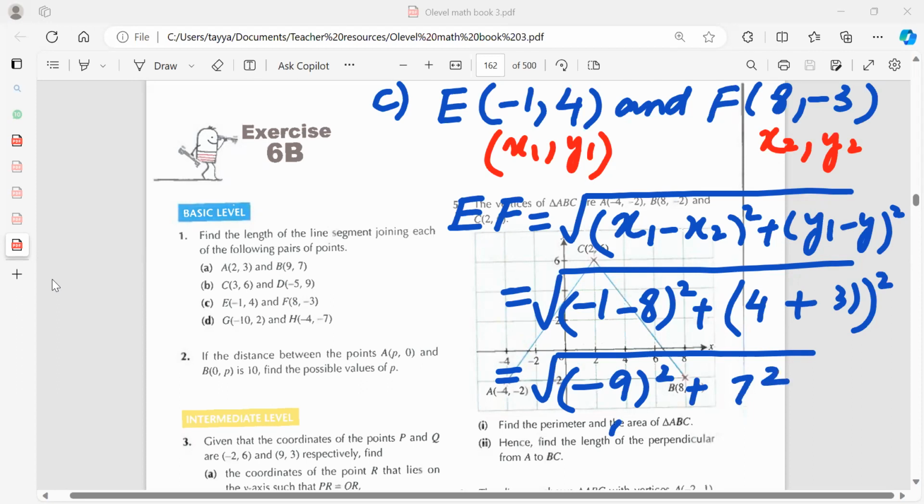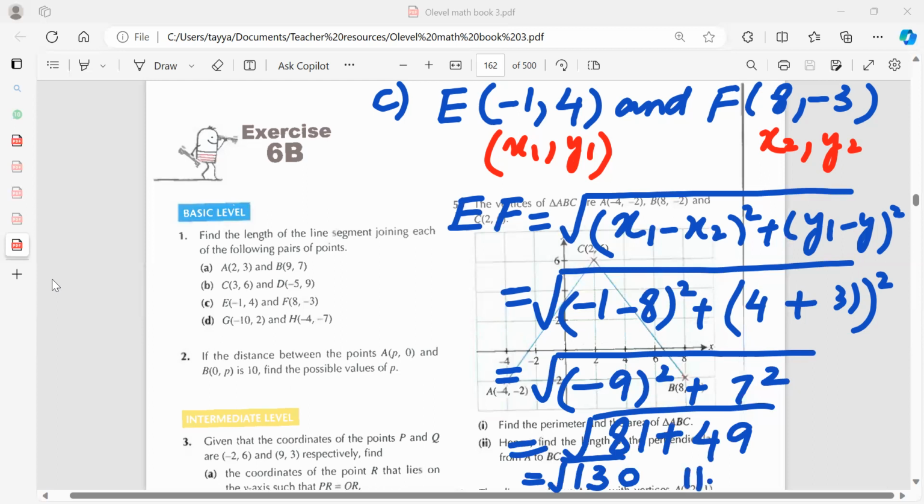So this one is 81, this one is 49. Take the square root of 81 plus 49, which is the square root of 130, which is 11.4 units. Okay, this is for the EF part.